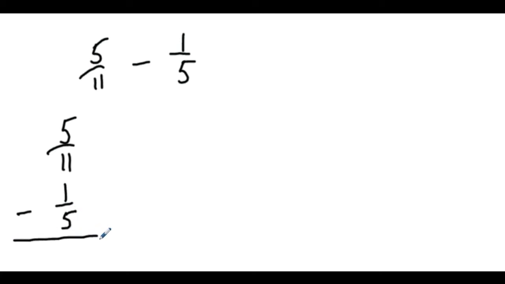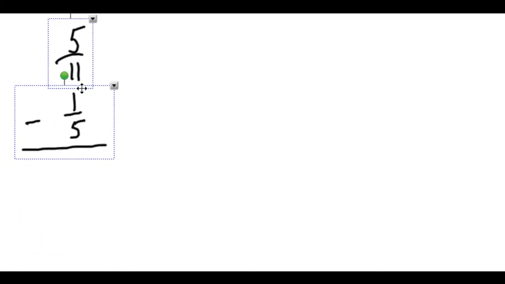Subtraction line, or difference line. Now I don't need this anymore, so I'm going to delete it, and I'm going to move this into a better position for working. Now I'm ready to estimate.